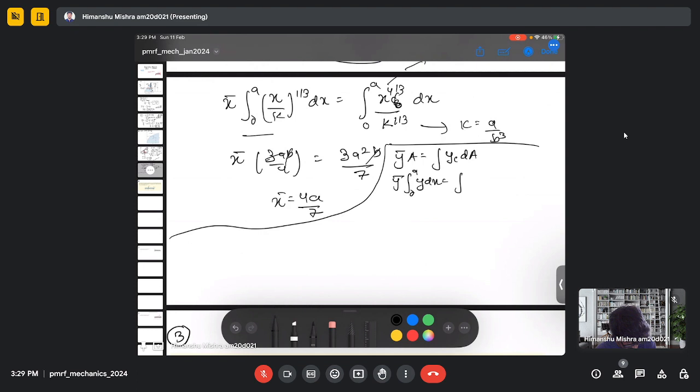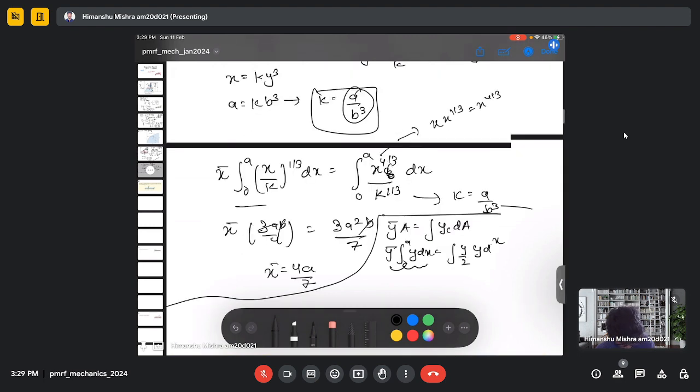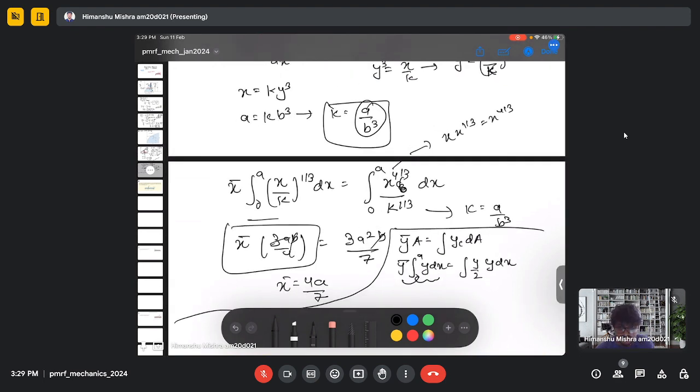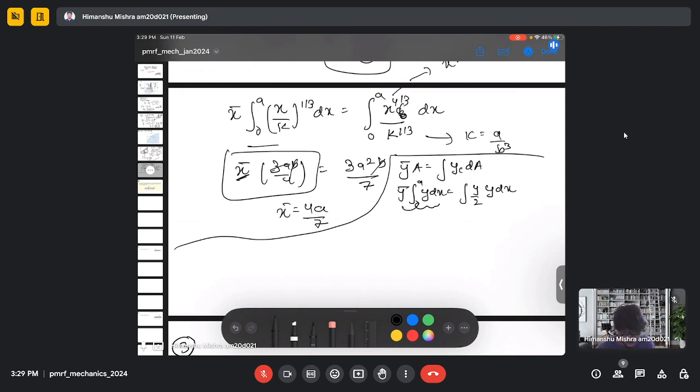So we already know this term from the above calculation, except for the x bar case, we can write directly y bar times 3ab by 4, and this will be the integral of y square by 2 dx.